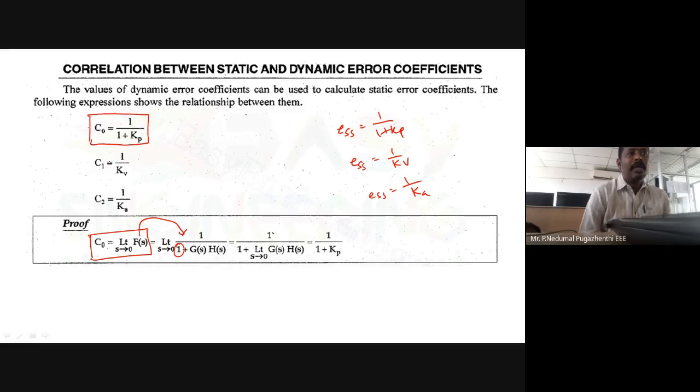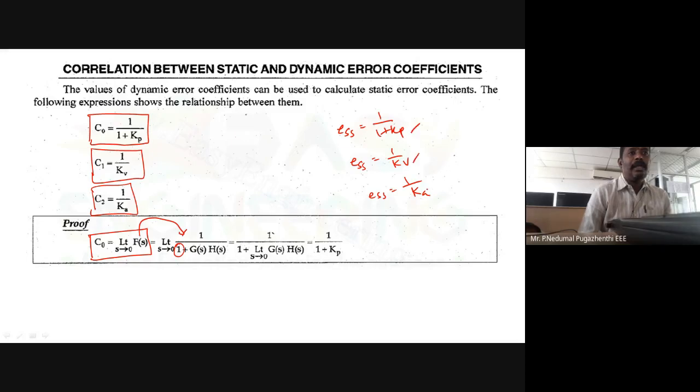In the same way, if you extend it to C1 and C2, it can be extended to 1 by Kv and 1 by Ka. So three coefficients we can denote, and these dynamic error coefficients can be related to static error constants using this relation.